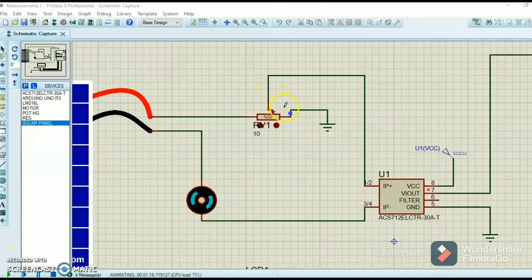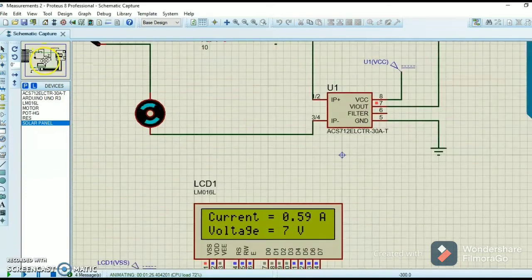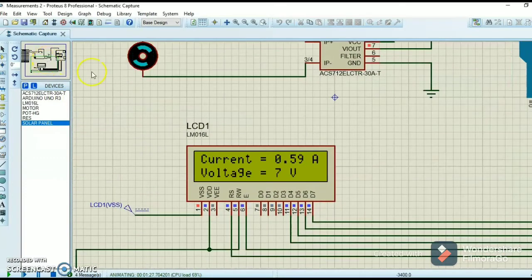So now I change the percentage of the potentiometer from 67%, the previous one, to 25%. So let's see what the LCD will display. The LCD displays the different value of current, which is 0.59.